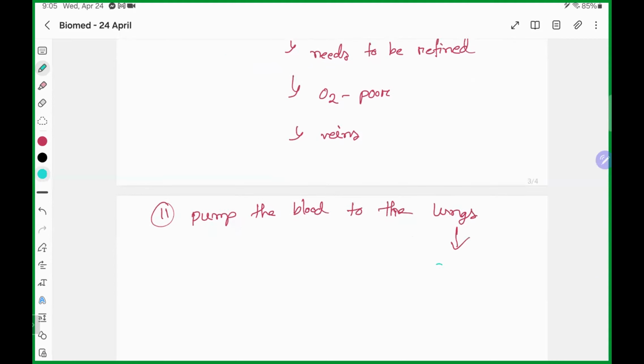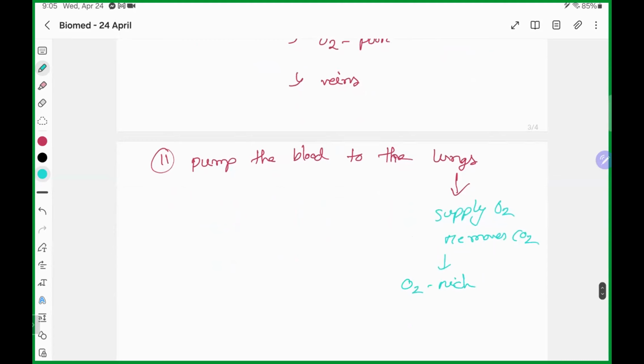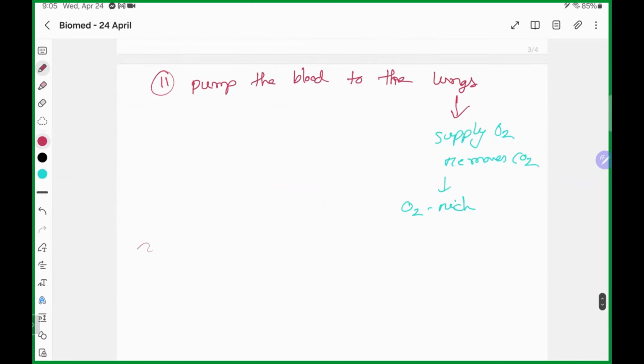They supply oxygen and remove carbon dioxide from the blood. When the lungs supply the oxygen, the blood becomes oxygen-rich through this process. Now I have oxygen-rich blood. So the third process, number three, is to collect this refined blood.